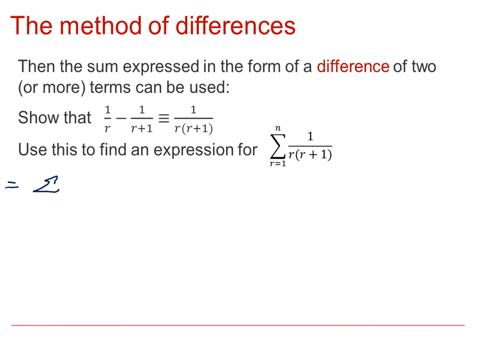So writing that then as the sum of 1 over r between r equals 1 and n, subtracting 1 over r plus 1.